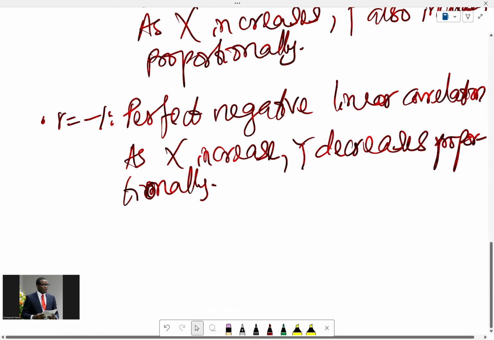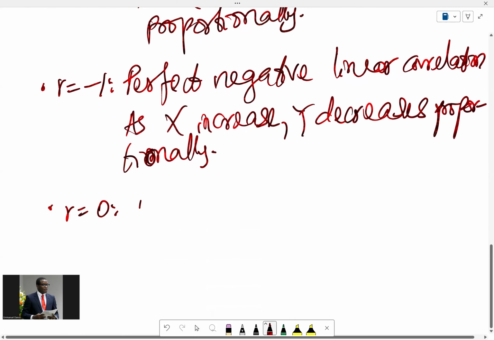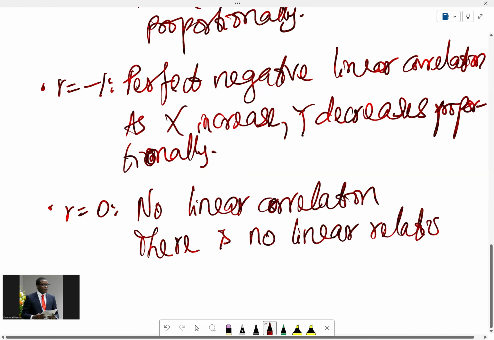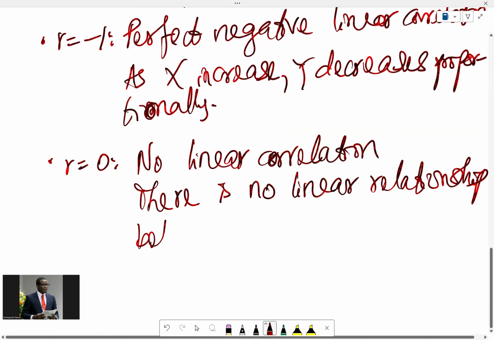And then we have a case where R equals 0. Here, there is no linear correlation, so there is no linear relationship between X and Y.